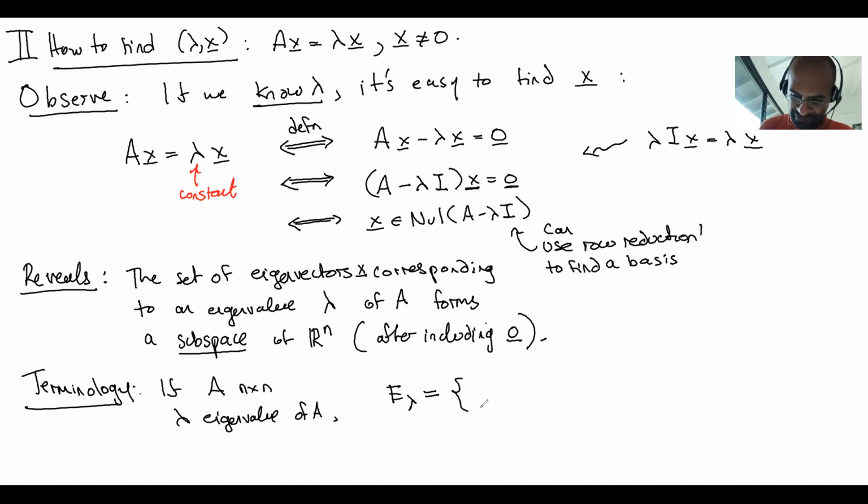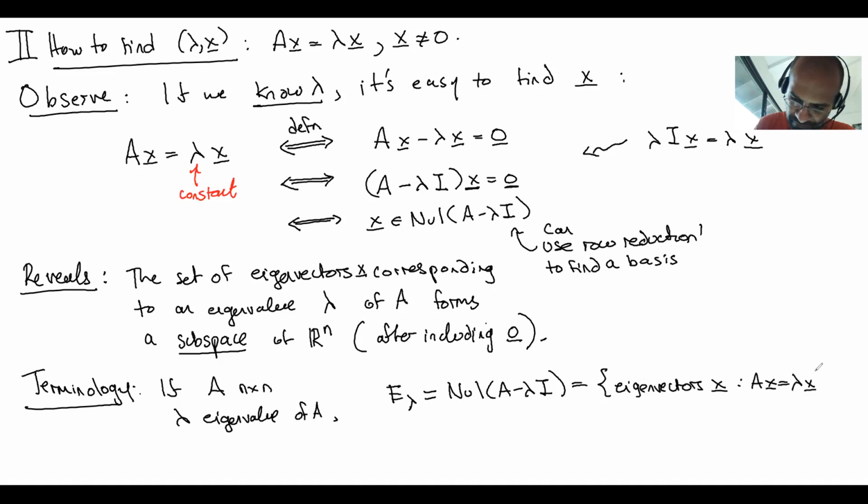So this is the null space of A minus lambda I. It's a null space, and that's a subspace, and that's the set of all eigenvectors x such that Ax equals lambda x, with one more vector, the zero vector.